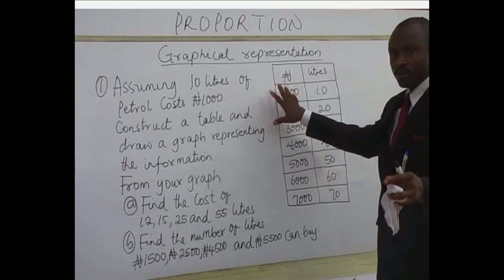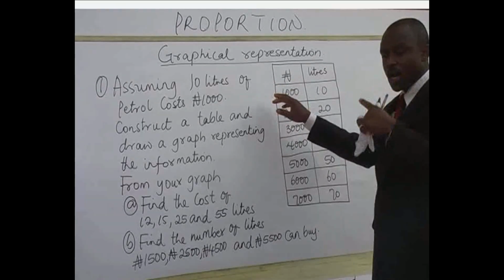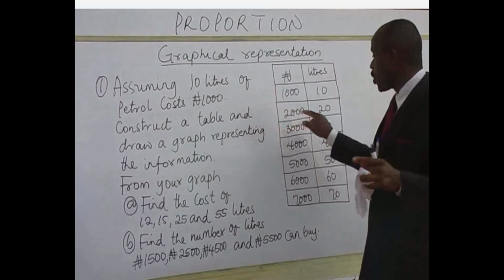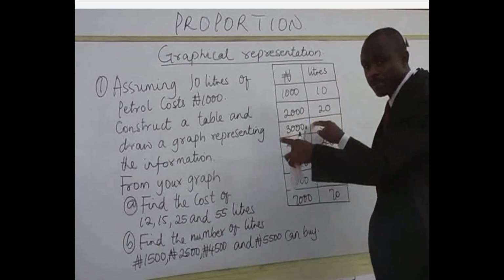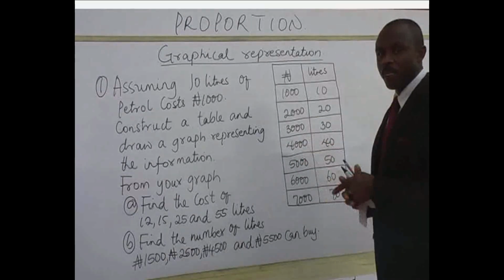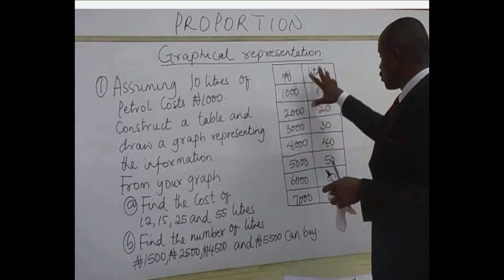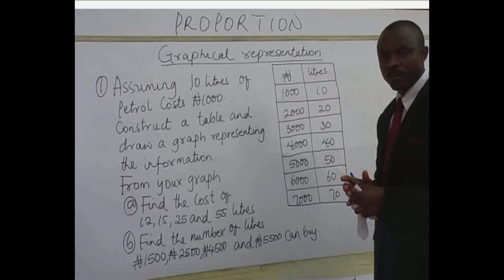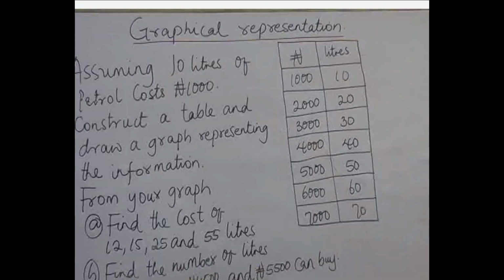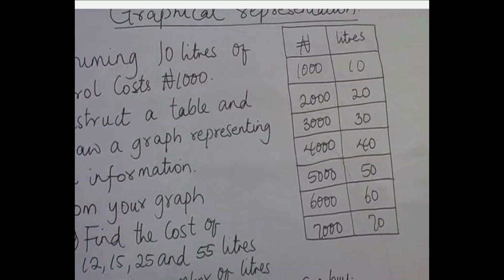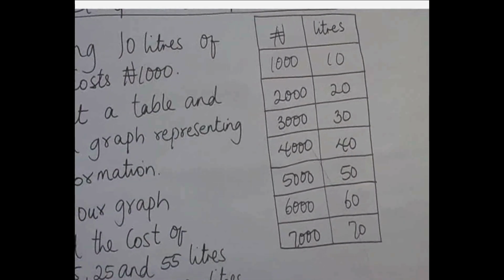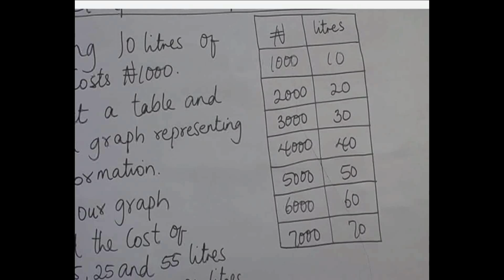When I do, as I bring the camera close for you to see the graph book clearer, you will not be seeing this table of values from the whiteboard, so I'll give you a few minutes to copy it down, because we are going to use it to plot the graph. Copy it down in your exercise book.